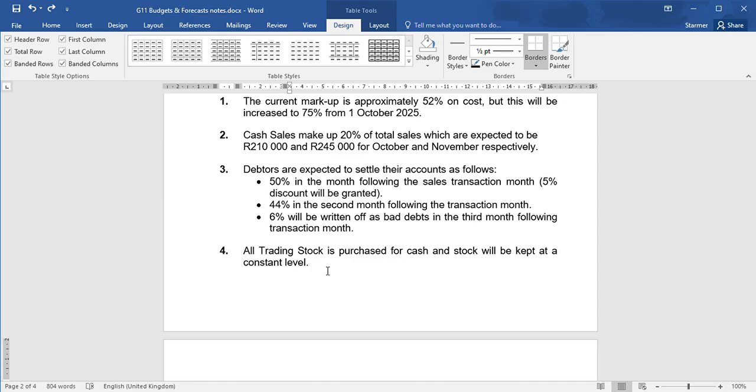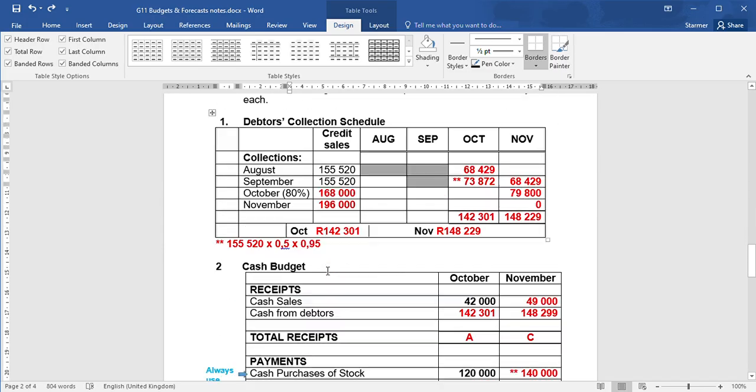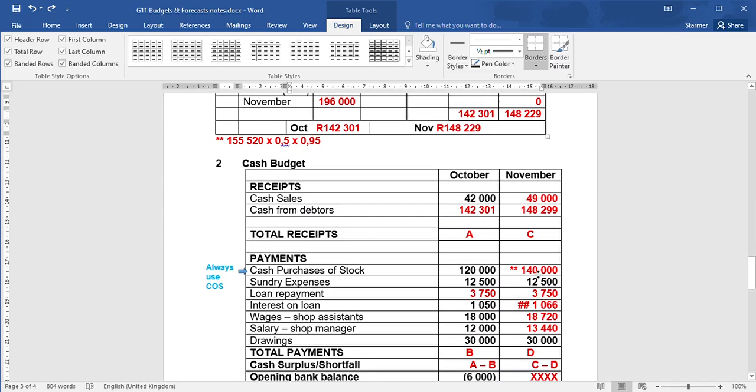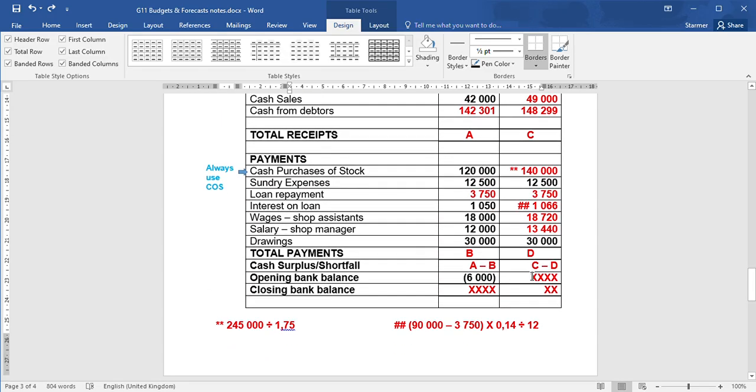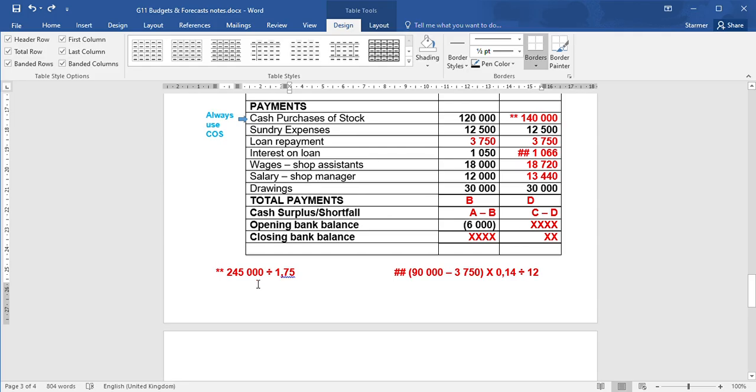So we need the cash purchase of stock for November. To calculate that, I take November total sales, which they gave you, and the markup they said is going to be 75%. So I divide by 1.75, and that gives me my cash purchase of stock. It's very important you remember, always use cost of sales when dealing with the purchase of stock.